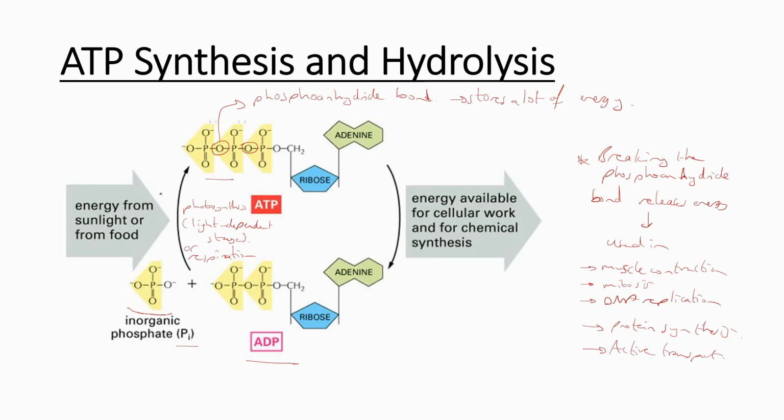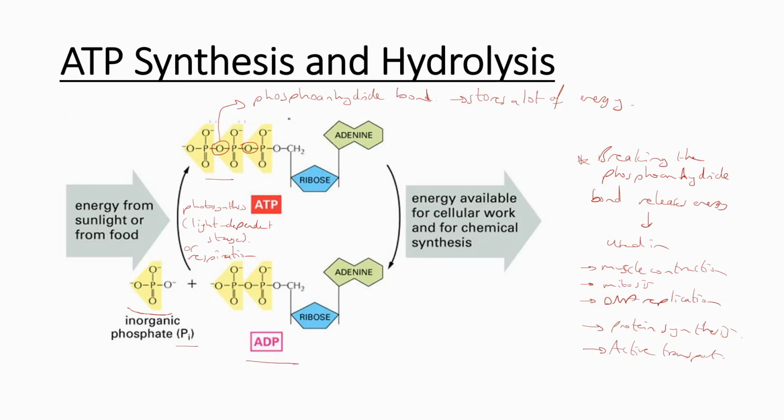In photosynthesis, we are transferring energy from sunlight into energy in the phosphoanhydride bonds of ATP. In respiration, we are catabolizing or breaking down complex molecules like glucose. And when those molecules are broken down, the energy stored in those molecules is released and transferred to make ATP. And our ATP is storing that energy.